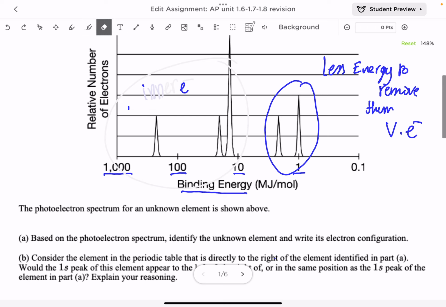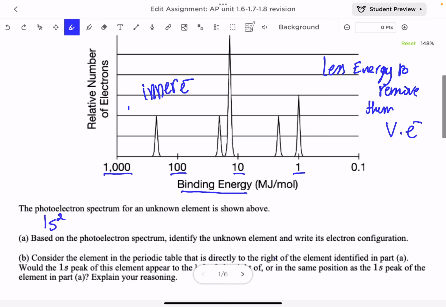In the electron configuration, the way electrons are arranged is the following: 1s2. We start by giving the highest binding energy to the inner electrons. So that's the peak of 1s2, and that's the peak of 2s2.